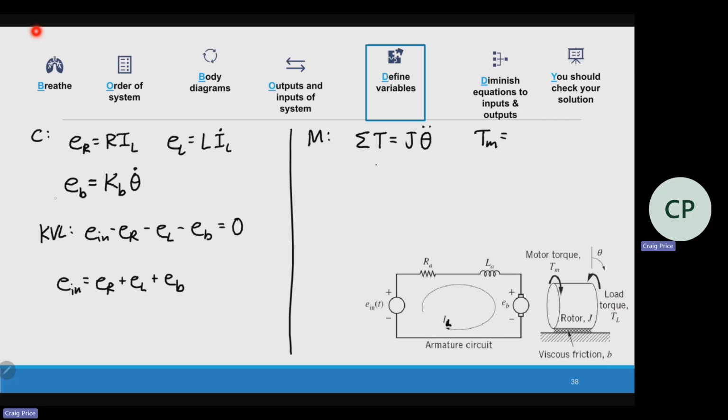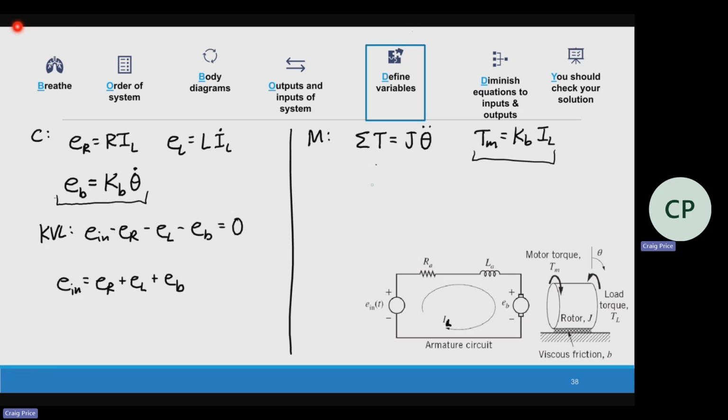So this is new based on the motor. The motor torque is equal to that same constant, the back EMF constant, multiplied by the current. Those are my two definitions, and that is what ties it to the circuit. That's what ties it to the mechanical side, so we can use that just as the connection point right there.